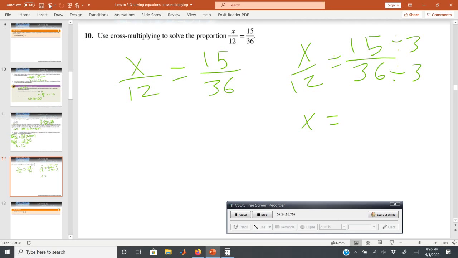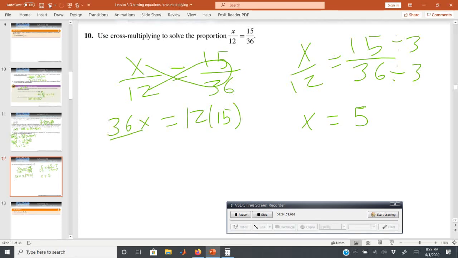We could actually take the 36 divided by 12, and that tells us what to divide by. So actually we'll divide 36 by 3 to get 12. So we divide 15 by 3 to get 5. So divide by 3.